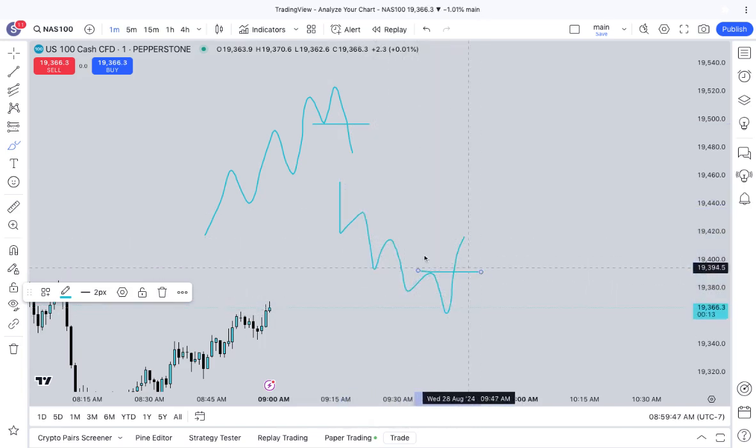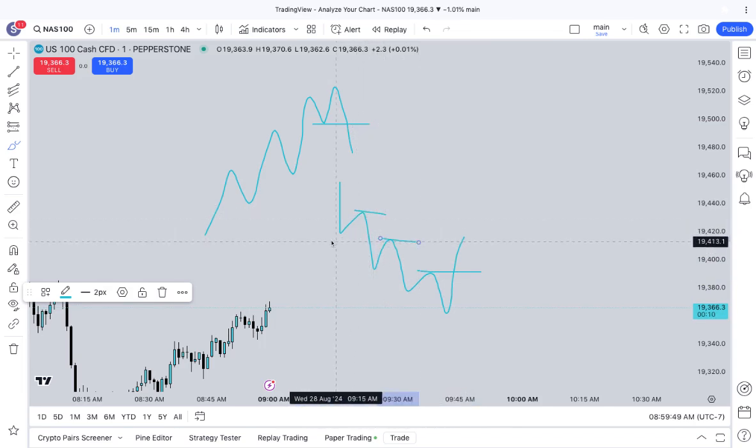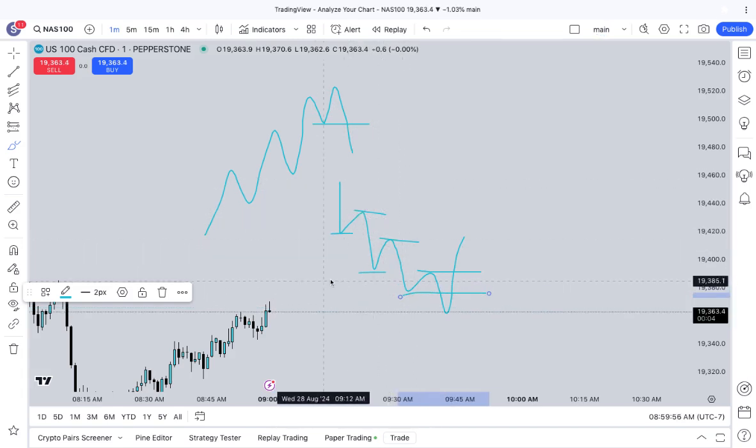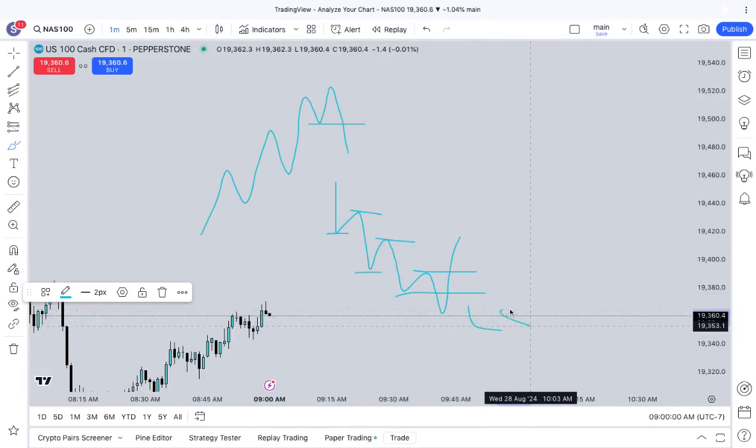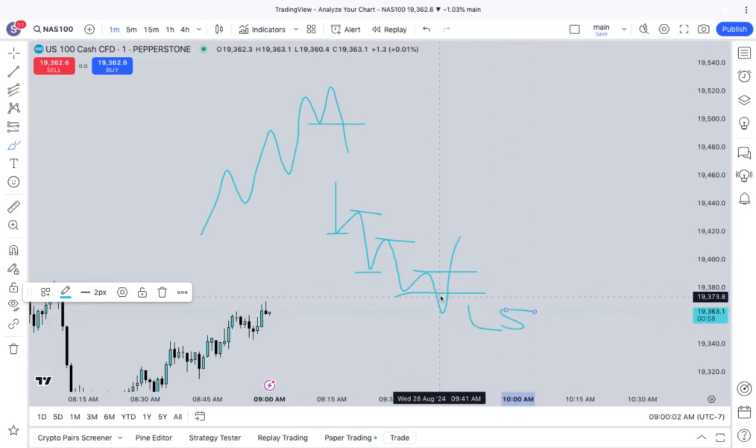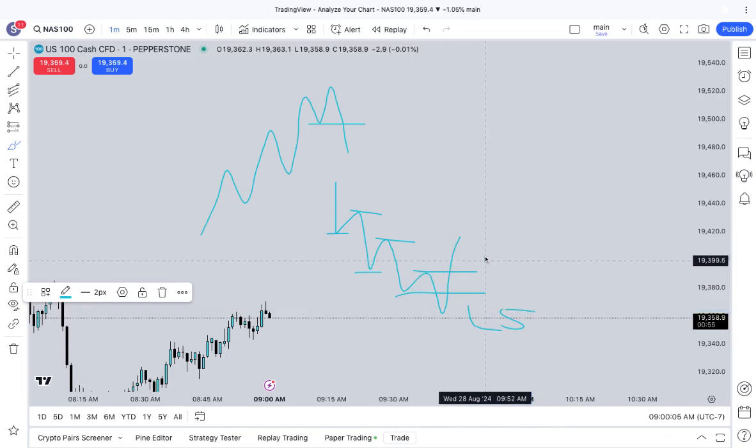So basically how this would work in a downtrend would be, say we have this downtrend, right? We have lower highs and lower lows. We just got done sweeping liquidity right here. Okay, after this liquidity sweep, we wait for the break of structure.